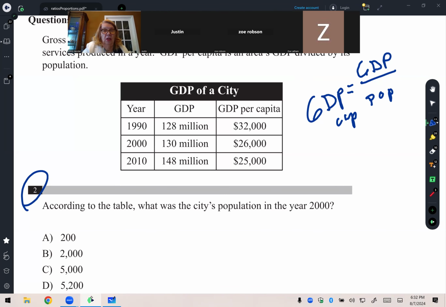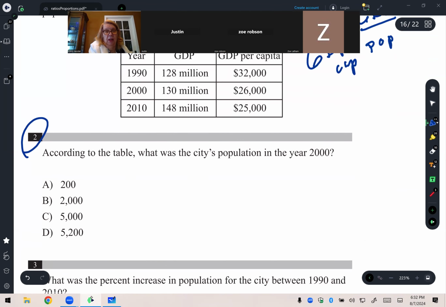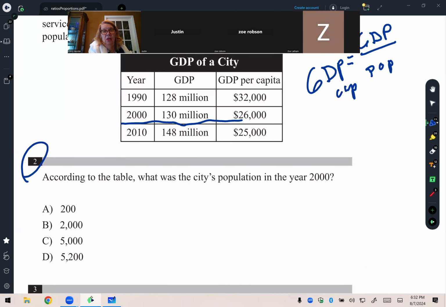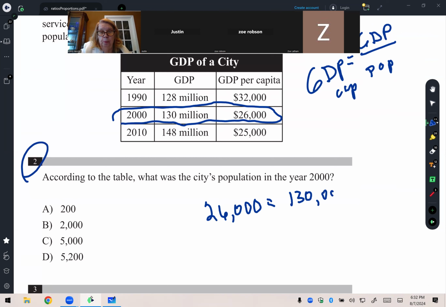According to the table, we're going to 2000. If this was my test, I would probably just highlight that so I don't look at something I shouldn't. So we want to get the whole population. So we want to say 26,000 equals the whole 130 million people over X. We could just put this over 1.